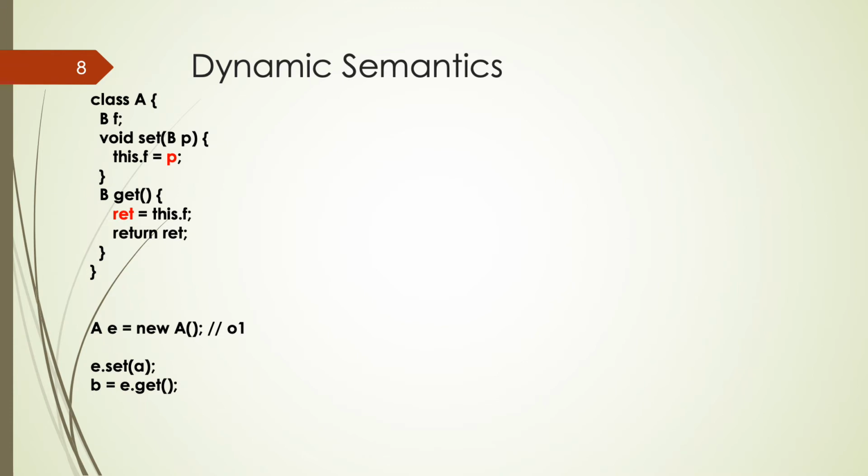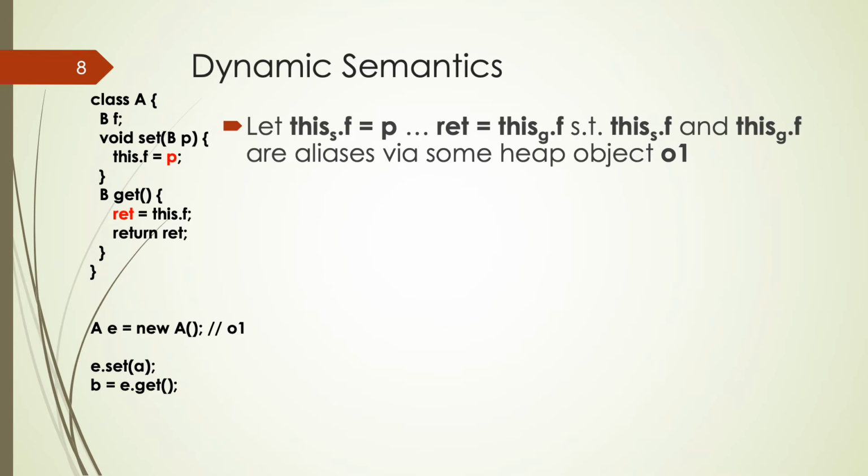The interesting case arises when there is a chain due to a pair of a field read and a field write. So consider such a pair here. This.vs.f = p and ret = this.g.f is such that this.vs.f and this.g.f are aliases via some heap object O1.